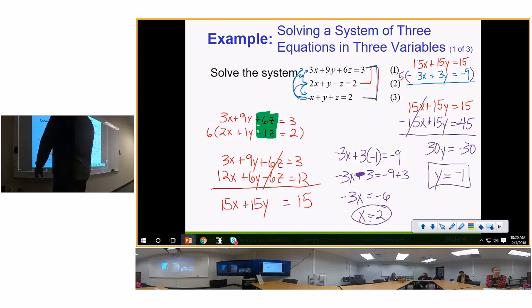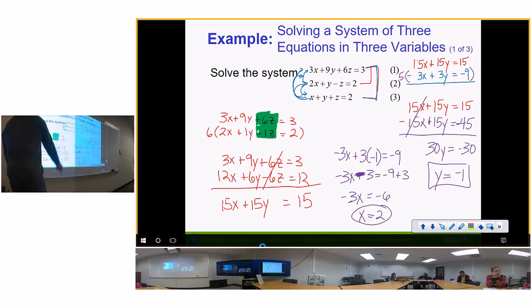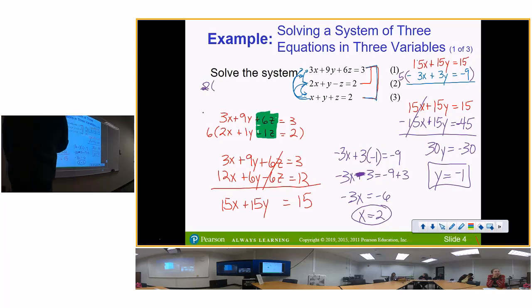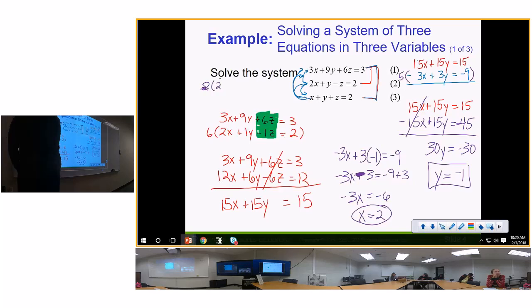What am I going to do now? Plug into the first equation: 2 times 2 plus 1 times negative 1 minus z is equal to 2.